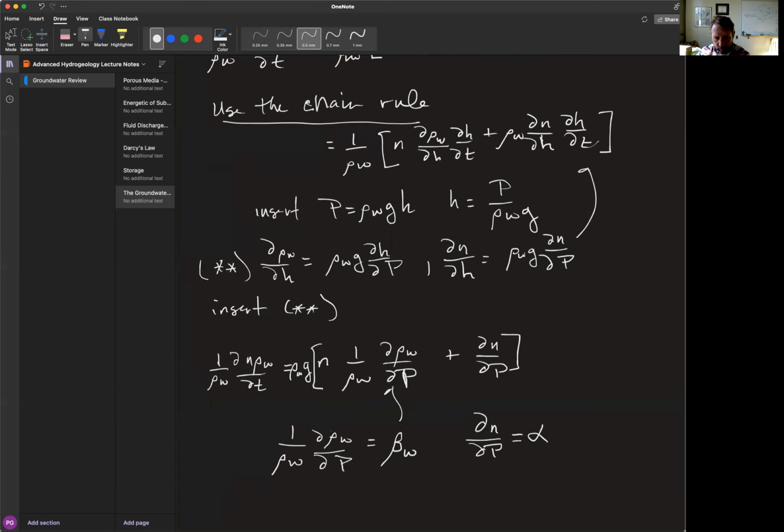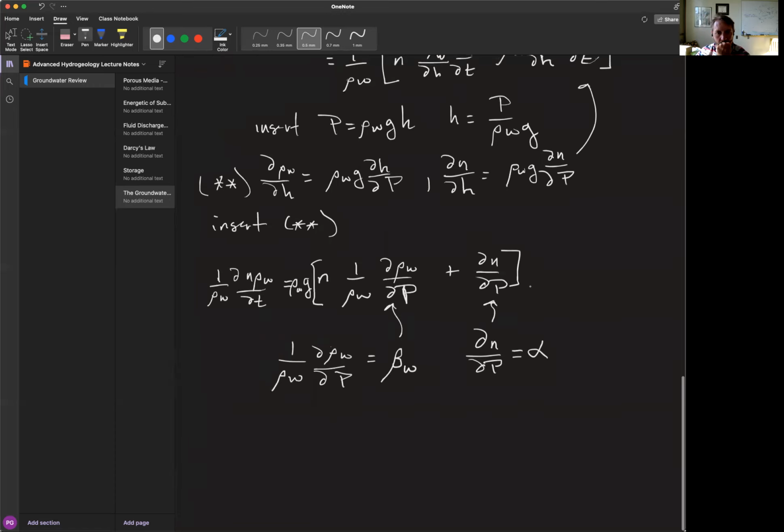And so we can insert these in here, and this is all times dH dt. So we get rho water G times alpha plus n beta water times dH dt.